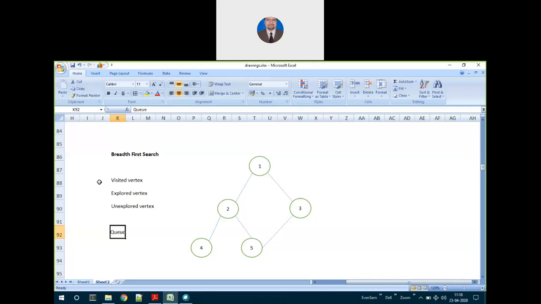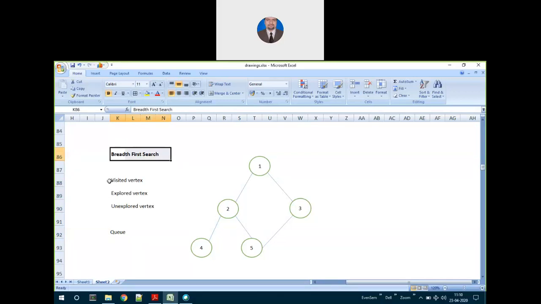The feature of the Q data structure is that insertion takes place at one end called the rear, and deletion takes place at the other end called the front. We make use of the Q data structure to do breadth first search in a given graph.